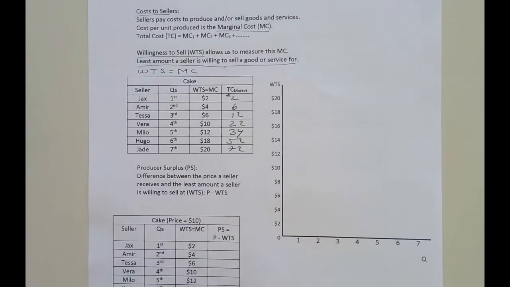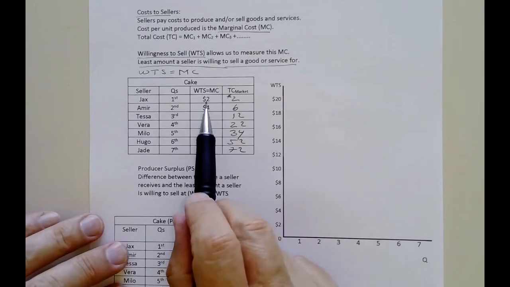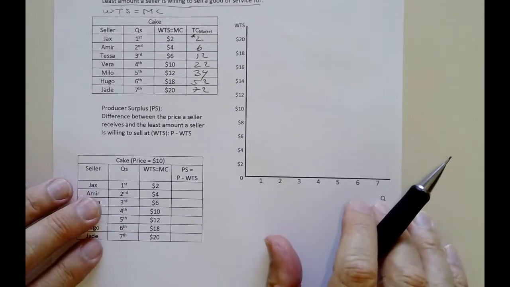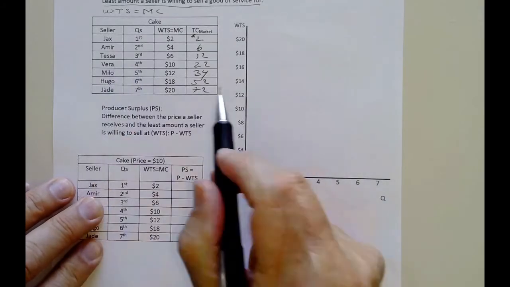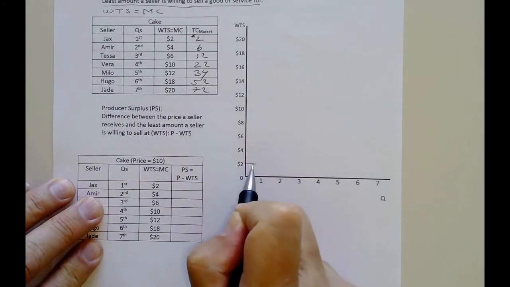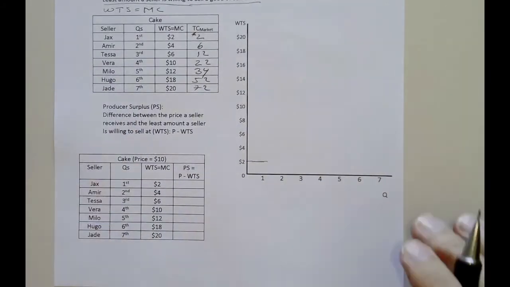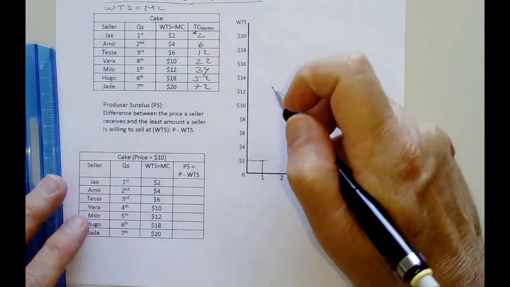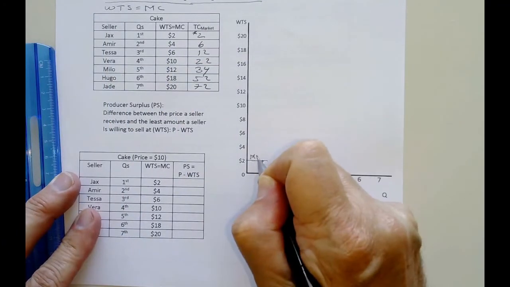Now we can transfer the marginal cost numbers, your willingness to sell, over here to the table. And so we'll go with Jack's as $2 of cost. And that'll be the bar for Jack's, and that represents the marginal cost measured by the willingness to sell it.